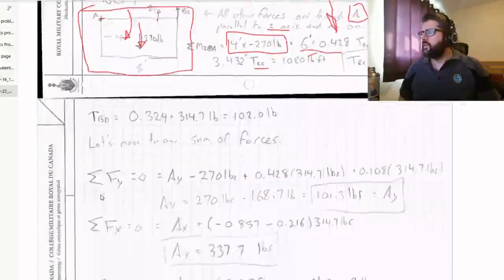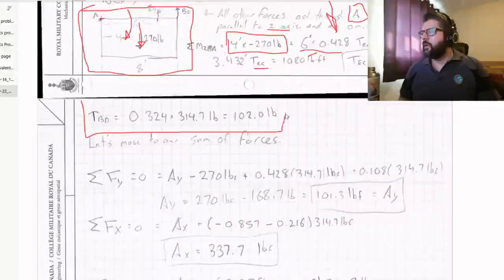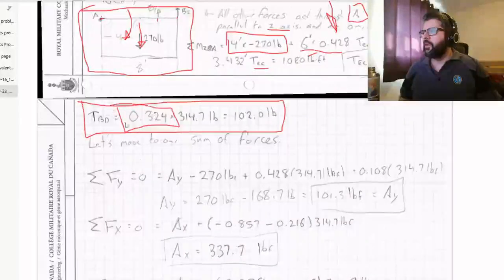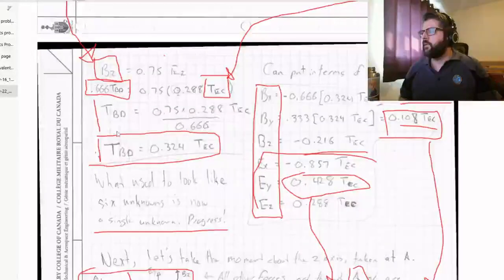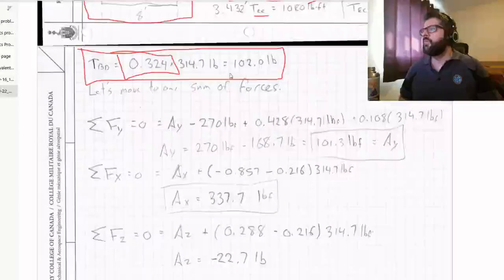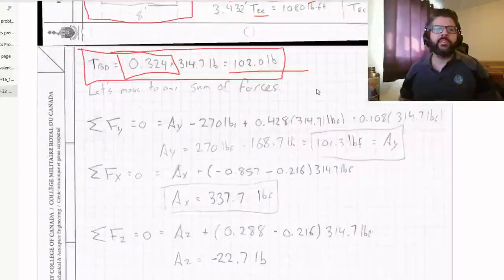The next thing to do would be to solve for the tension in the other cable, because we already solved for that in terms of the other cable. So it's just taking this value we got here, multiplying it by what we found this relationship is right here. So that gives us 102 pounds.